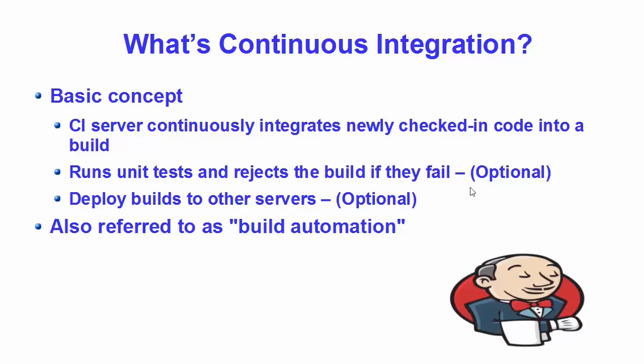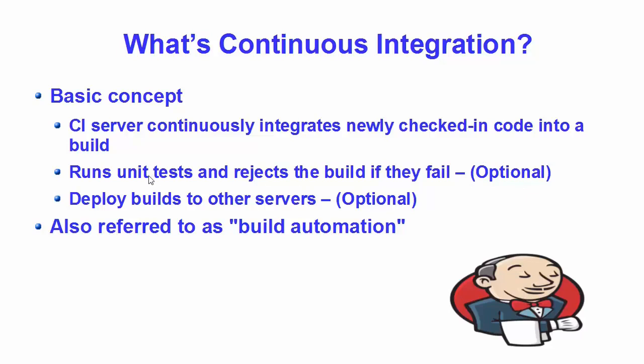So a continuous integration system runs the unit tests, and if a failure occurs during the unit tests or integration tests or any kind of test, it is going to reject that build and send the information to the developer or the maintainer of that code.